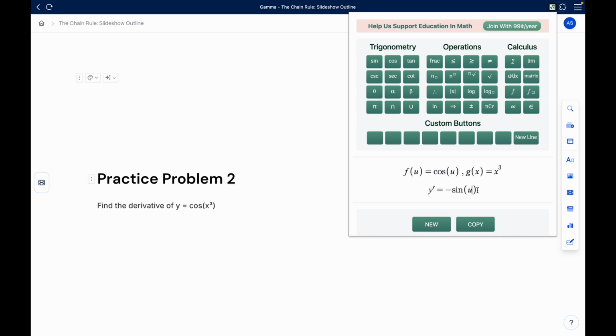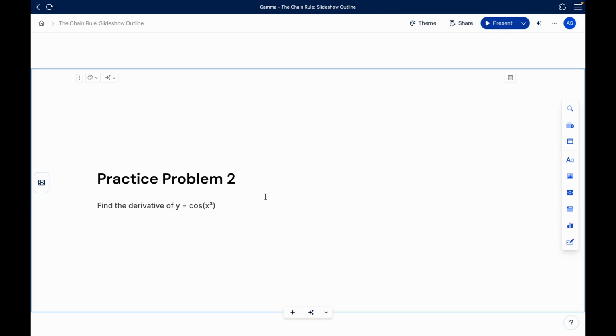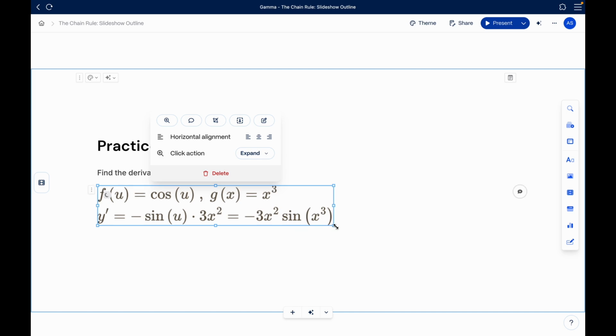Then we have the derivative of x cubed, which is 3x squared by the power rule. Then we substitute u in, so this is equal to negative 3x squared times sine of x. And there you go, our second practice problem is done.